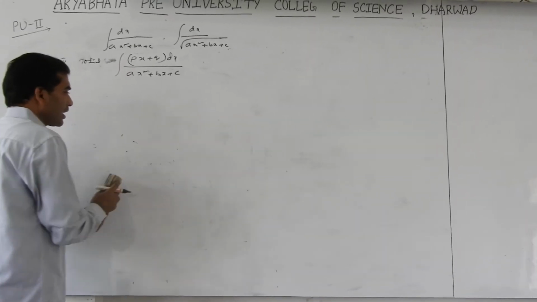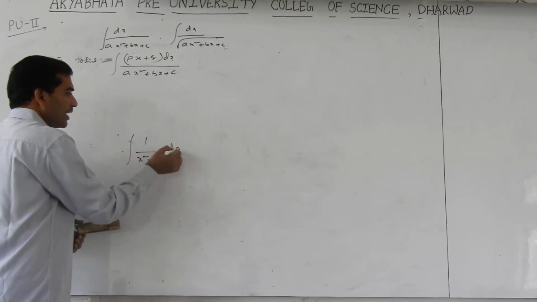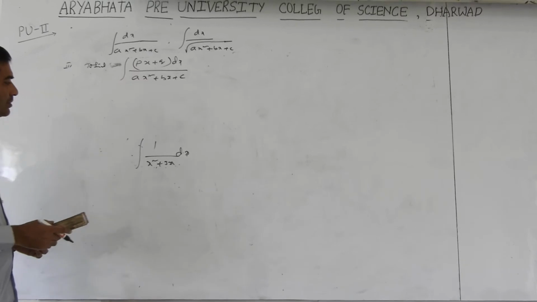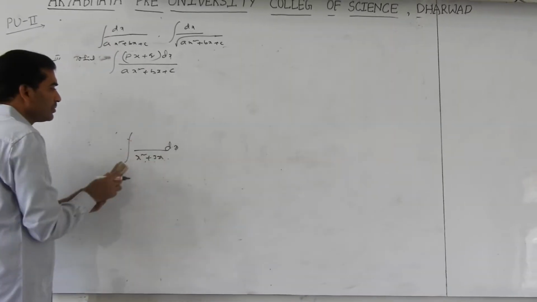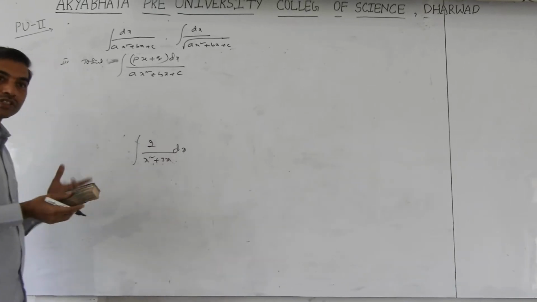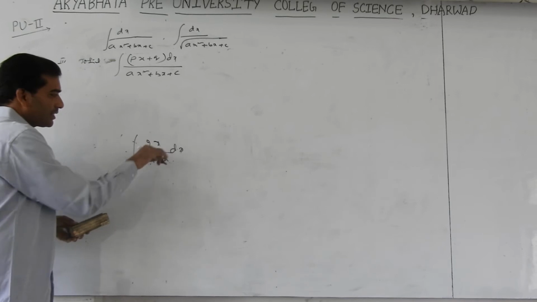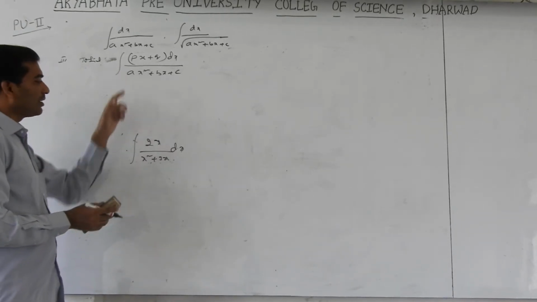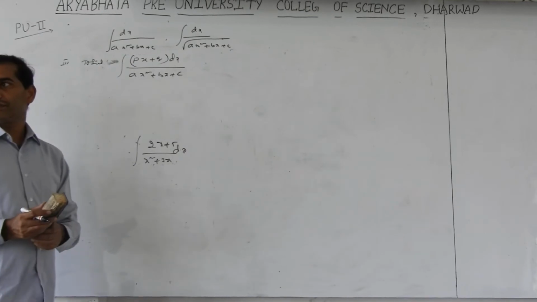Is it integration of 1 by x square plus 3x dx? Which method does it contain? First method. If it is 2, first only, plus 2 we can take 1. If it is x, third. If it is x plus 5, third.